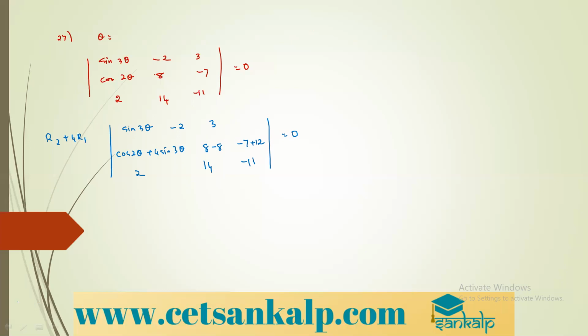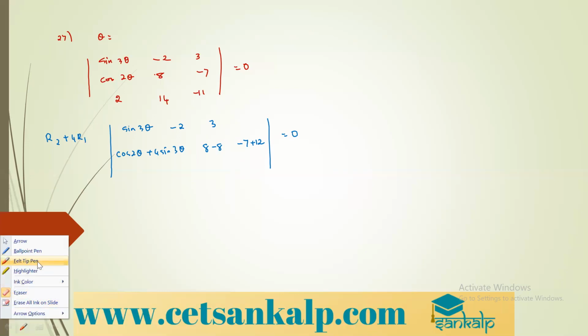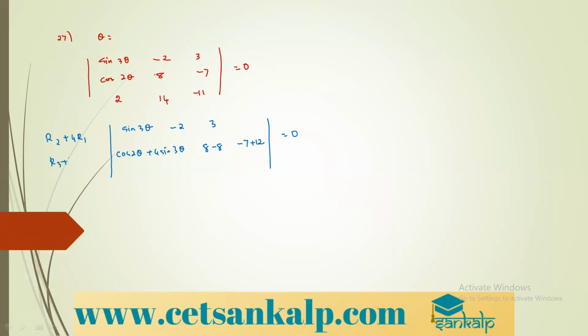But in the same step, I can apply one more operation, instead of taking one more step. And that operation is R3 plus 7R1. So 2 plus 7 sine 3 theta, 14 minus 14, minus 11 plus 21.